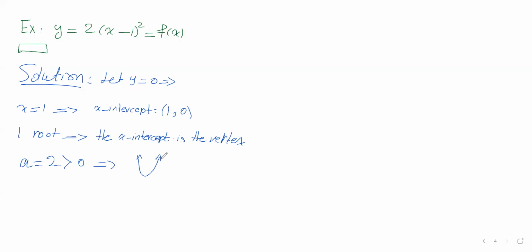This is also very important to notice. You may try to give just some points to do this question now. Let's just try to draw it. And then let's do the y-intercept as well. Let x equal to 0 and you get y equal to 2. So the y-intercept is (0, 2). So let's draw it.